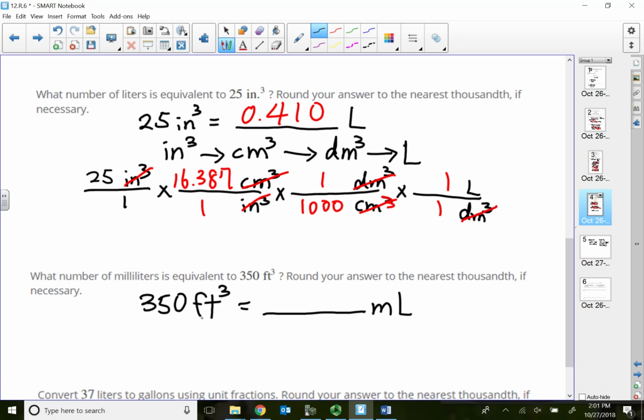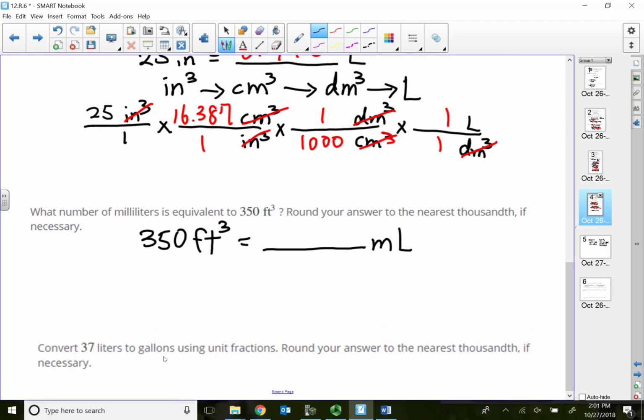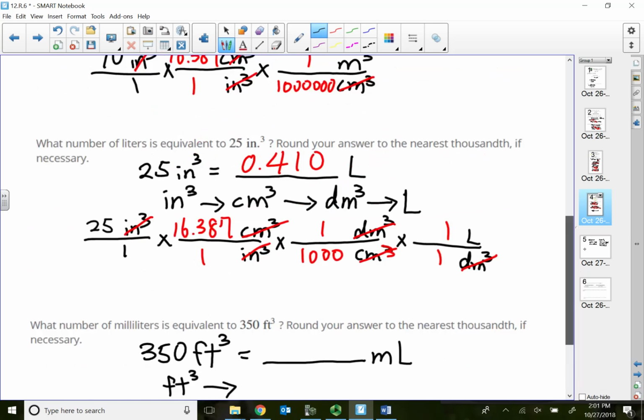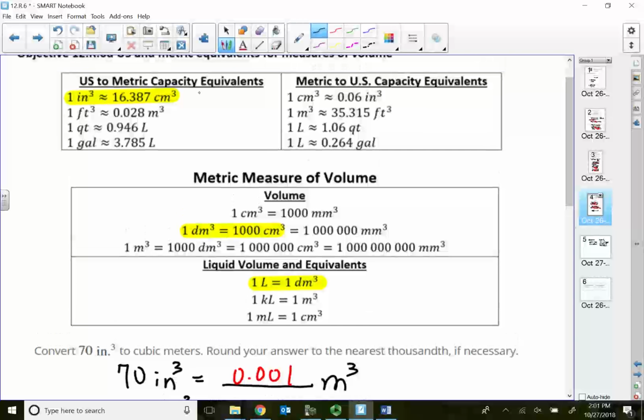How much liquid can pour into 350 cubic feet? Well, let's see, cubic feet can take me straight to cubic meter.